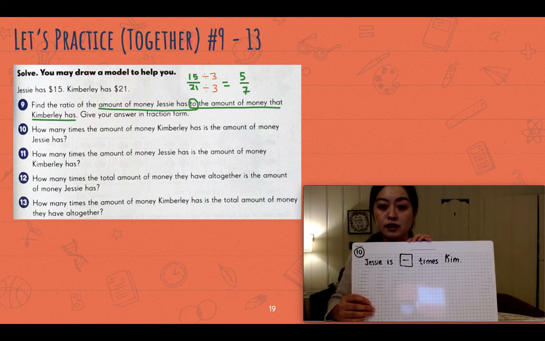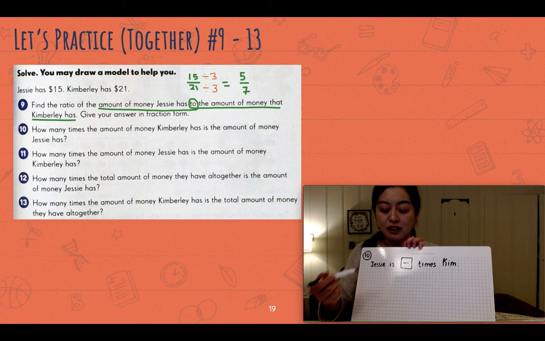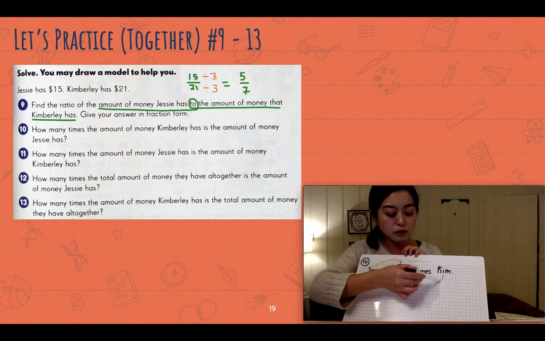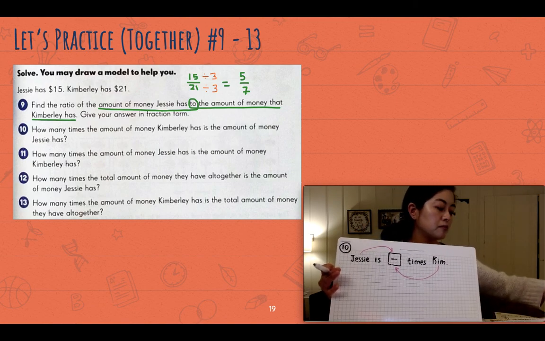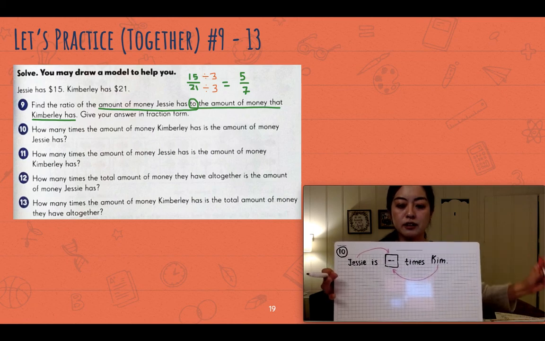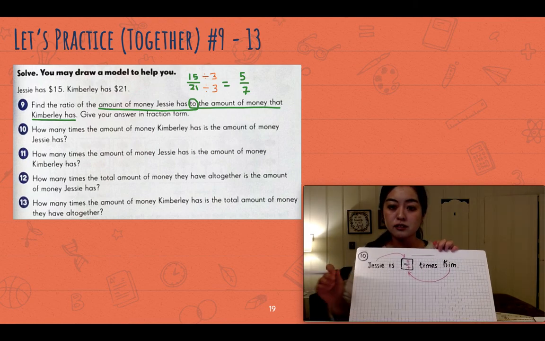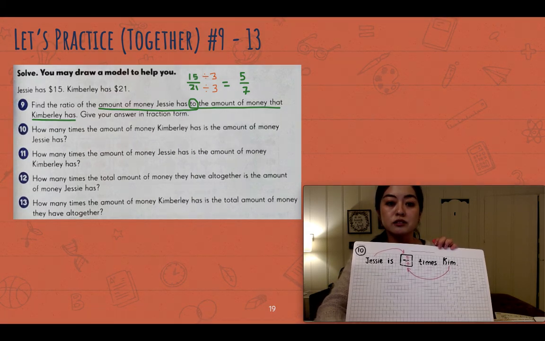So Jesse's amount goes in the numerator, Kimberly's amount goes in the denominator, and remember from here, Jesse is 5, Kimberly is 7. Jesse's amount is 5/7 times Kimberly's amount.